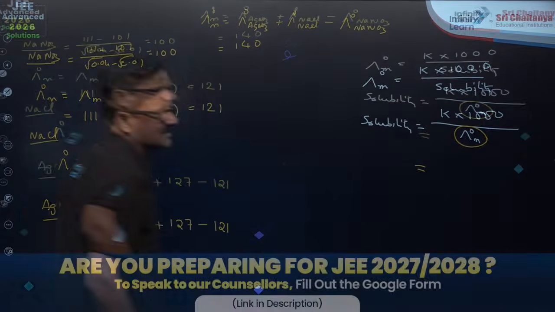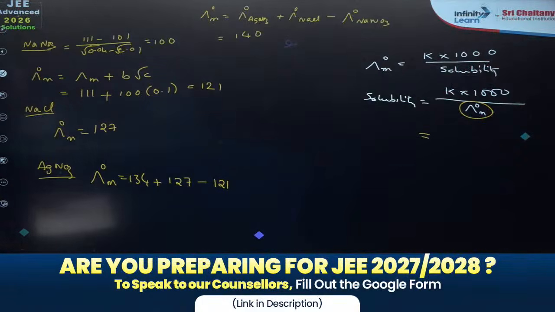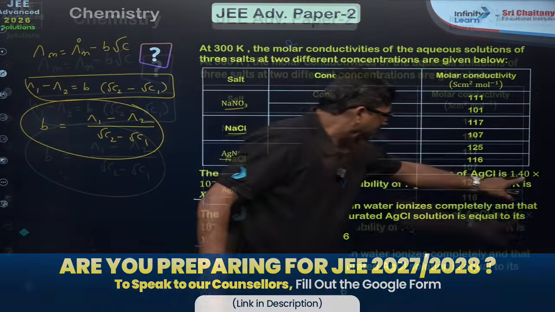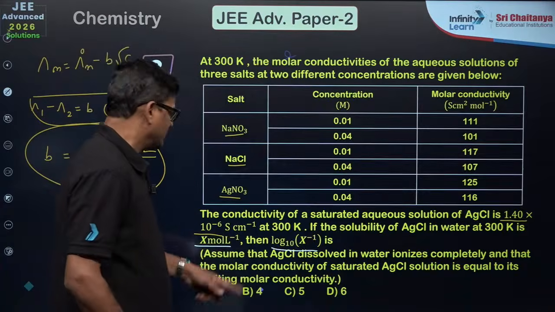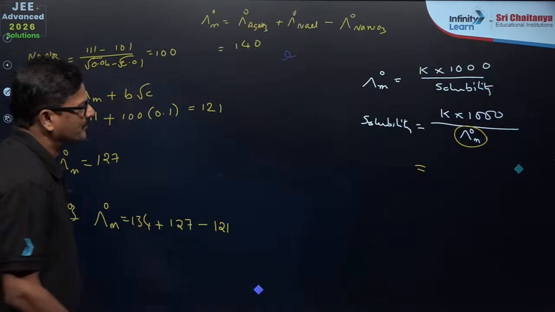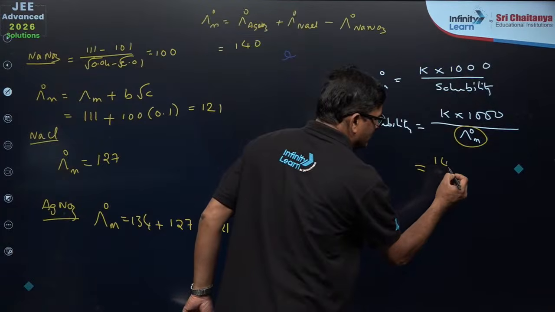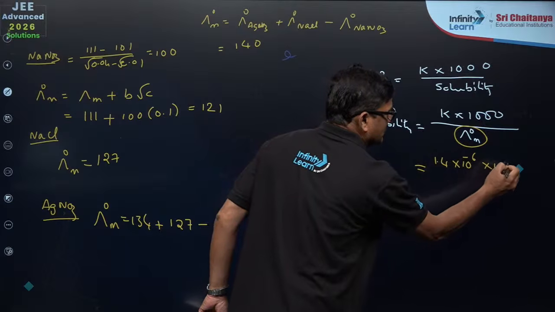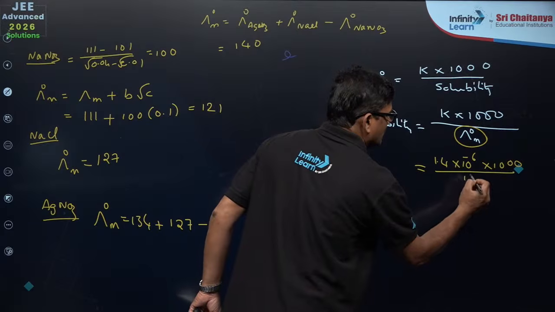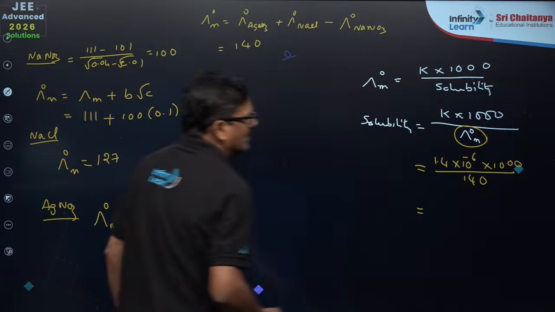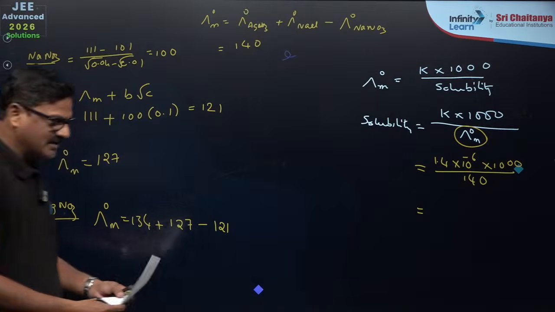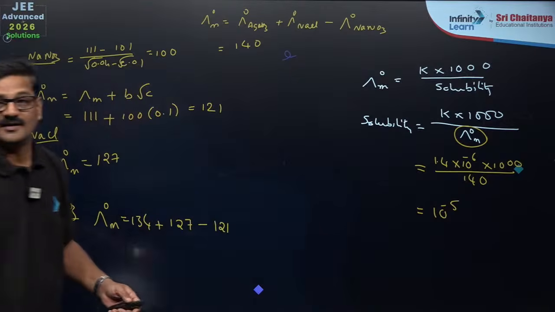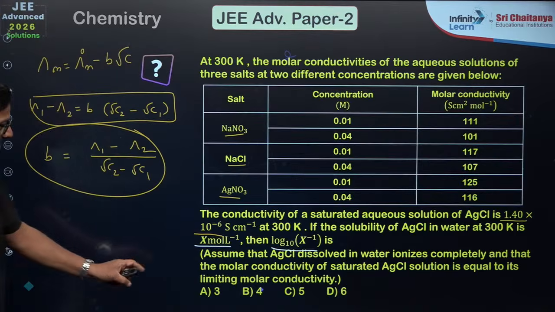Specific conductivity is given as 1.4 into 10 raised negative 6. 1.4 into 10 raised negative 6 into 1000 by 140. On simplifying you are going to get 10 raised negative 5, and the answer is supposed to be given here.